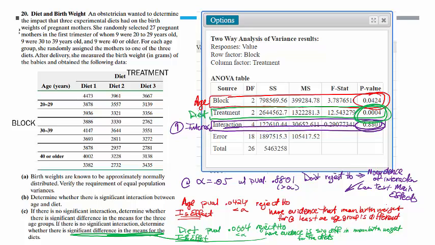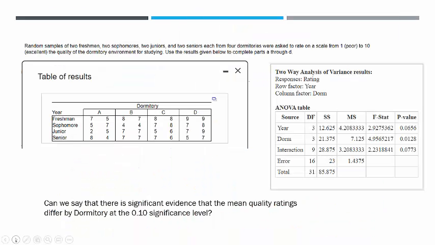Now, that is how we do a two-way analysis of variance. But there's still a couple of open-ended questions. Before we get into that, take a look at this example again. This is the data on quality ratings based on different dorms and different years in school.